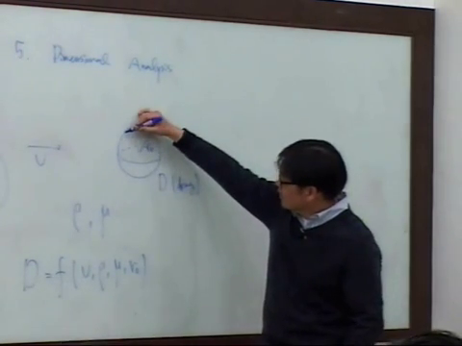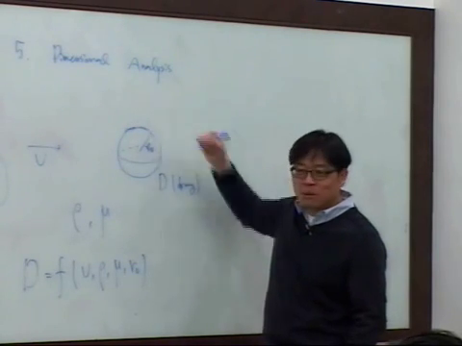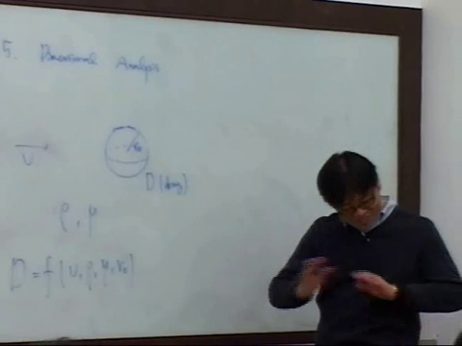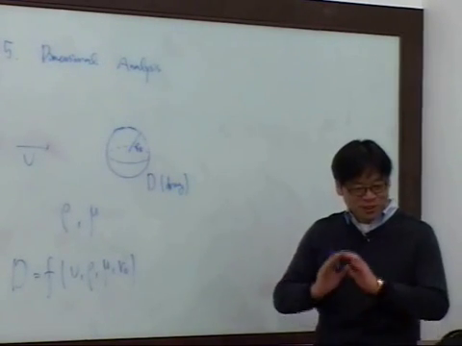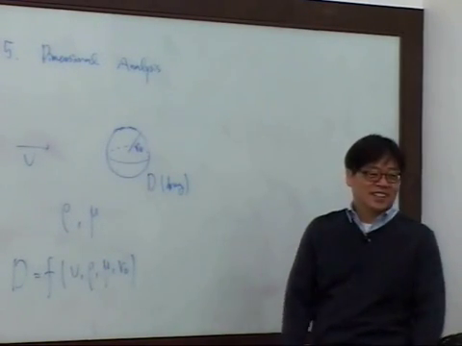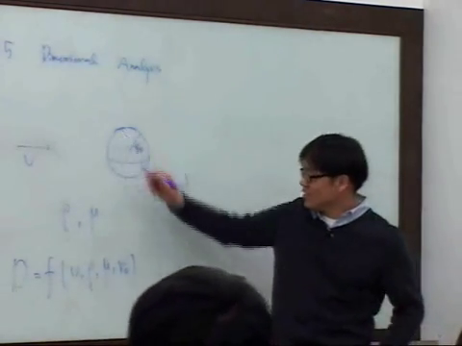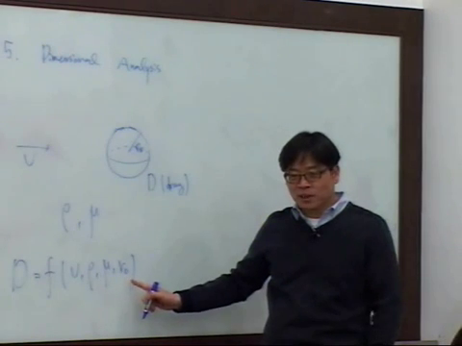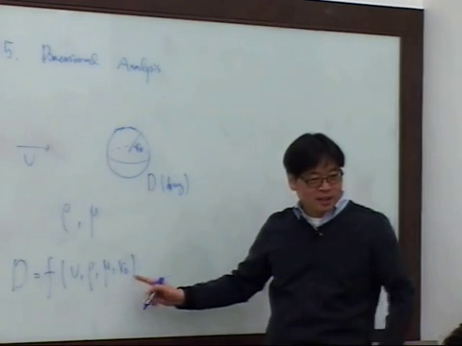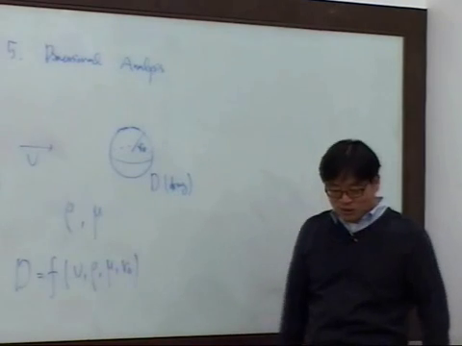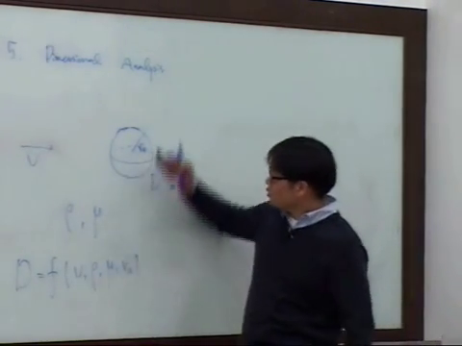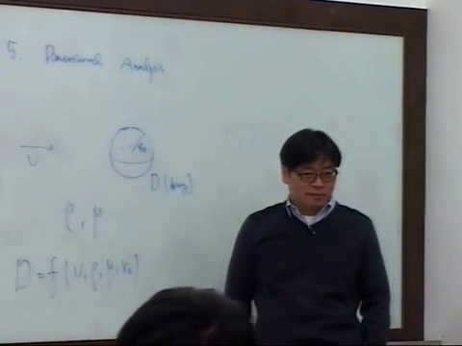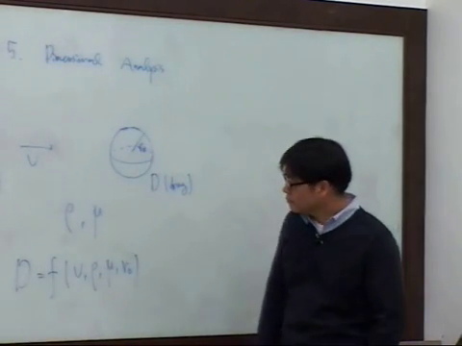Of course, in reality, there might be some bumpy roughness, but we assume we did really hard work to remove all the roughness. If there is a roughness, then that roughness has to be a function parameter here as well. But we say there is no roughness, then this should be the dependence. Also, I said it's unbounded.